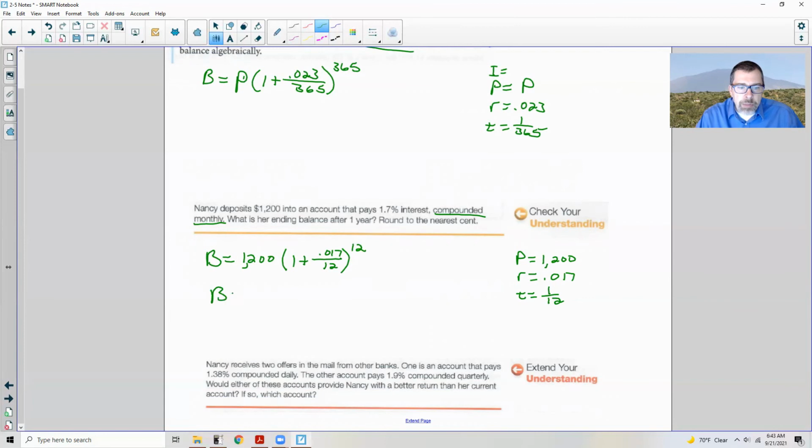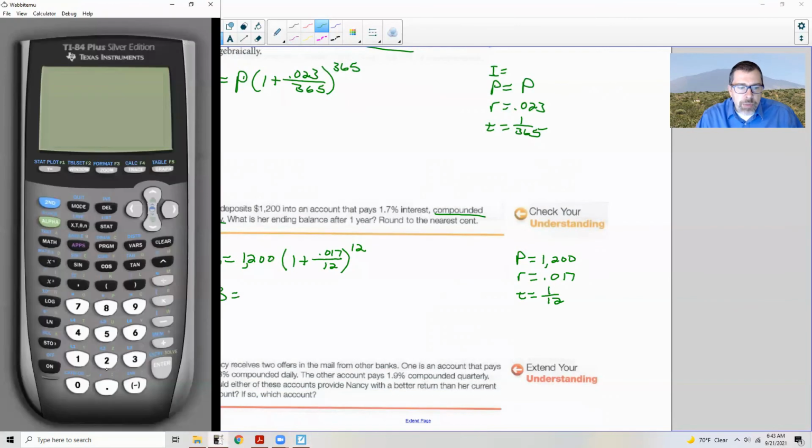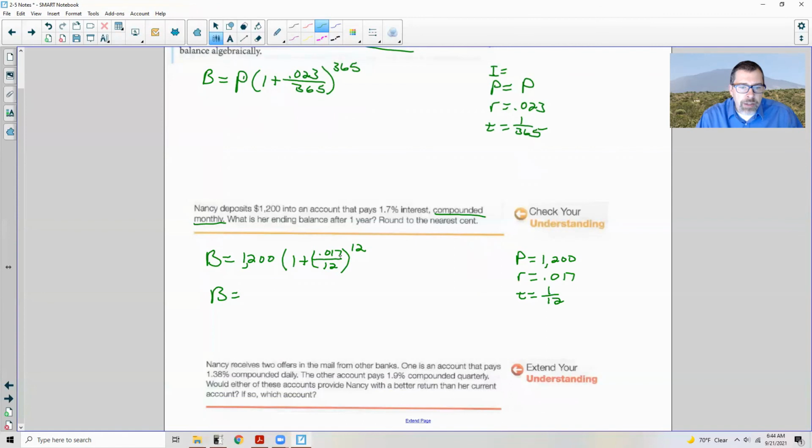So then I plug that into my calculator, and we get 1,200 parentheses 1 plus, and I'm going to do another parentheses for my fraction, 0.017 divided by 12. This first parentheses closes my fraction. So think of it as another parentheses in there.